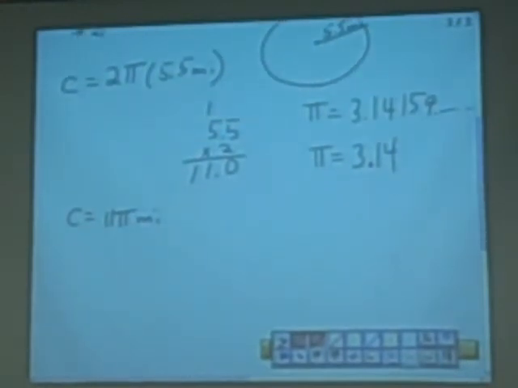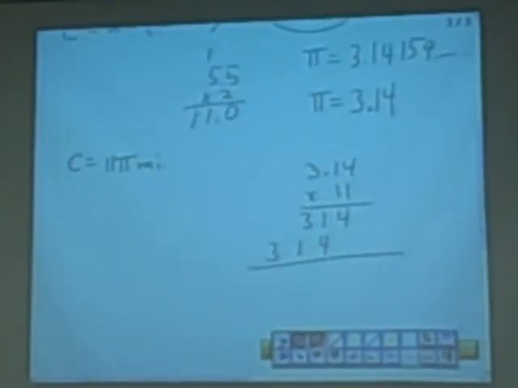And now we take 11 and multiply it times 3.14. That'll give us 314, and then multiply that again, and we get 4543. So this is an approximate circumference, 34.54 miles.